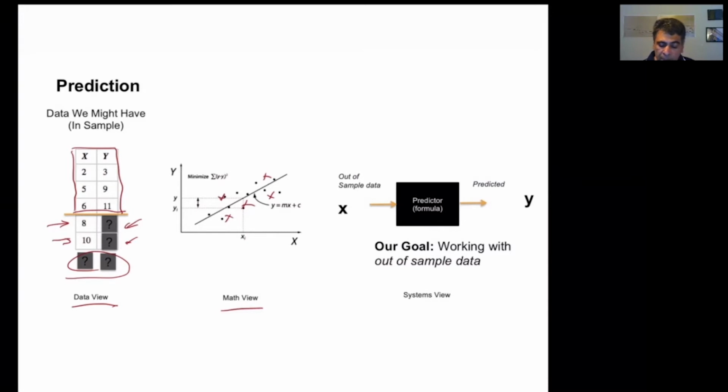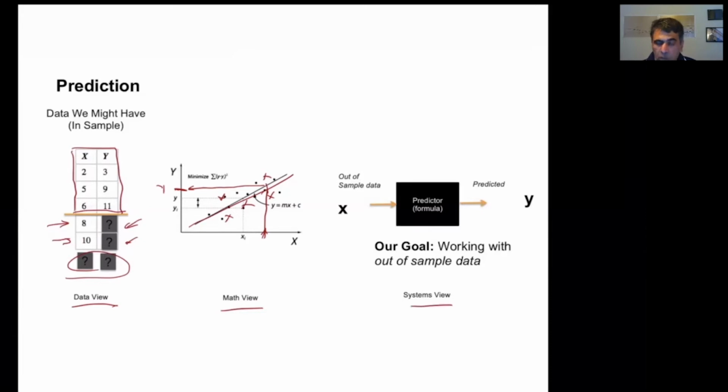And the question is, if you have all of this data, is there some model, some line, that you could use so that if you knew one of these values, the X, you would have an estimate? That is, if you knew X and you knew the model, you could predict what the Y value should be. Okay, so that would be a math view.